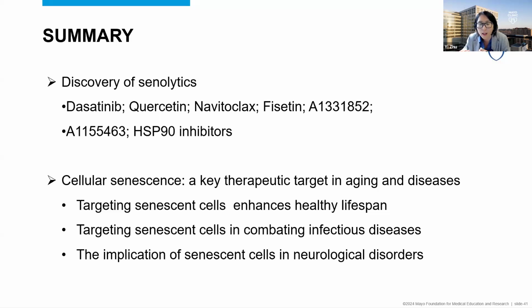We're hoping that with more understanding of the biology of cellular senescence, we can find a more precise way to design senolytics to target each disease, because we think that senolytics are disease specific and tissue specific. So there is a lot more study we need to do to find out the biology of cellular senescence.